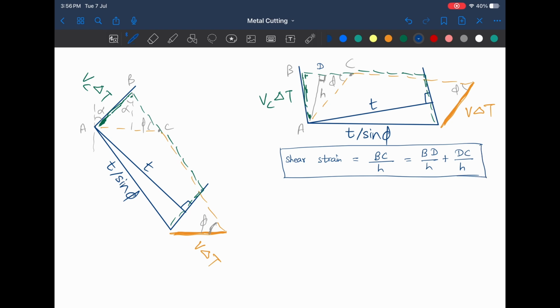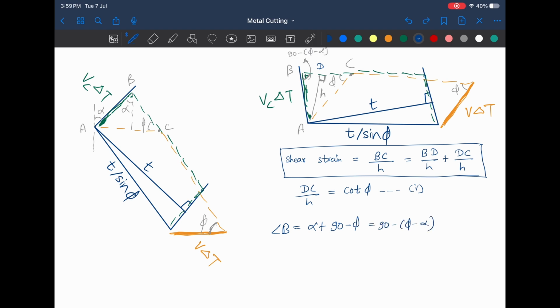So from the figure we see that DC by h is equal to cot phi. This will be our equation 1, and angle B equal to alpha plus 90 minus phi.